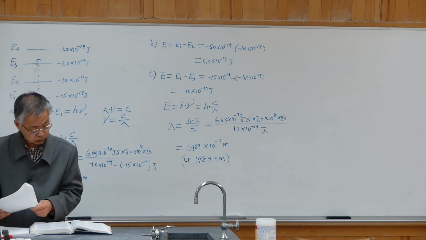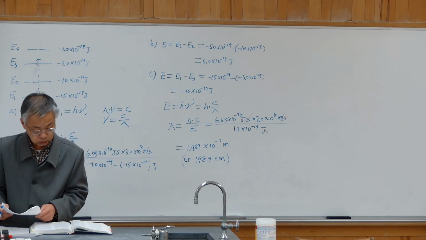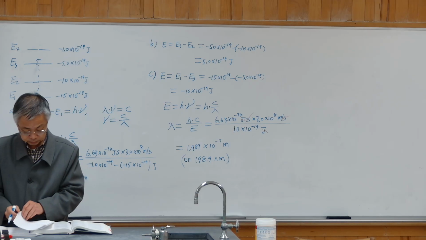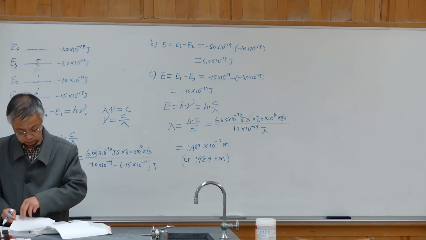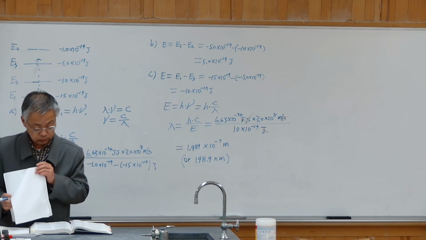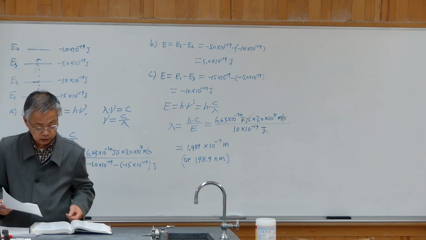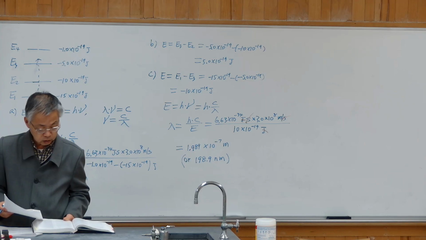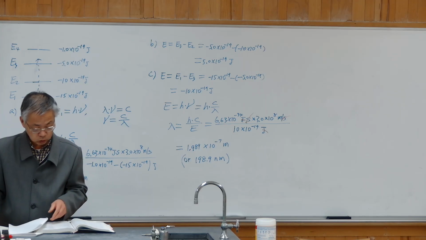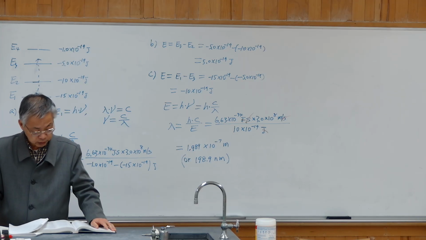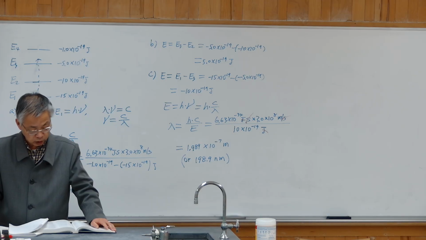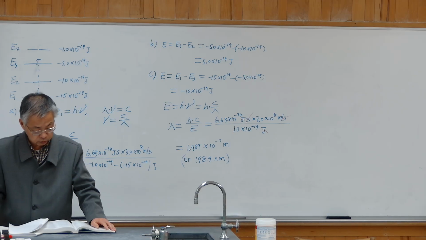Let's take a look at problem number 80. The ground state electron configurations listed here are incorrect. Explain what mistake has been made in each and write the correct electron configuration.